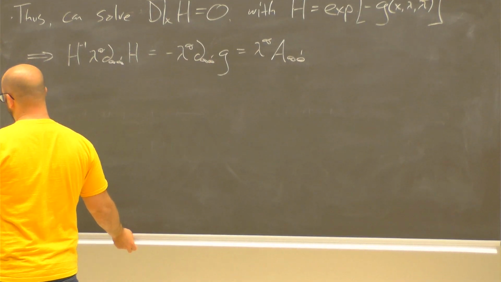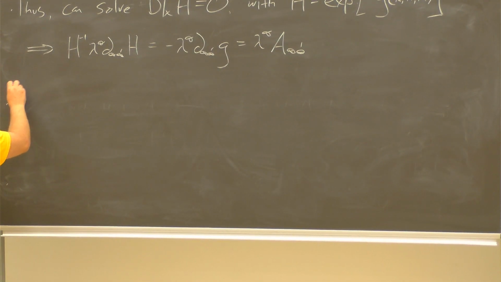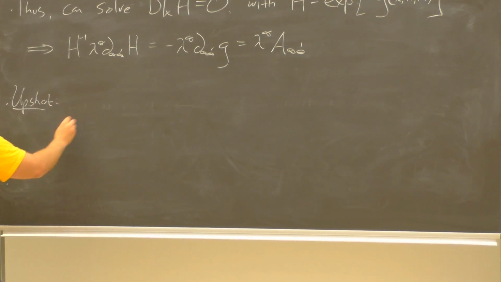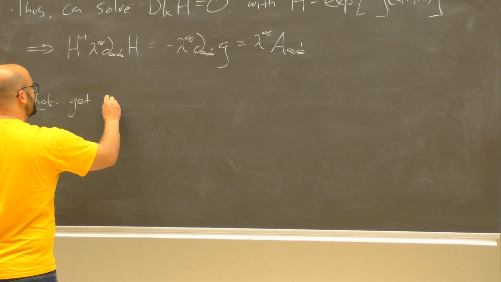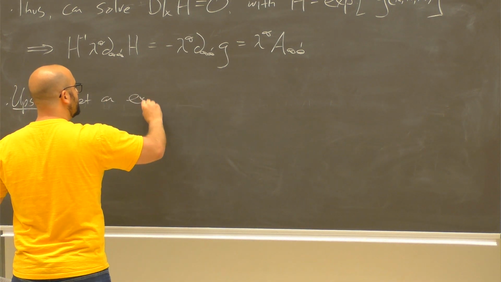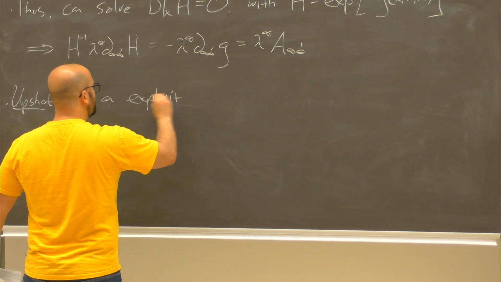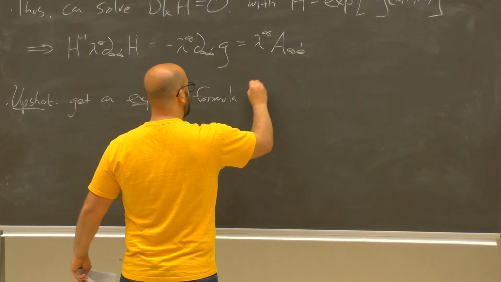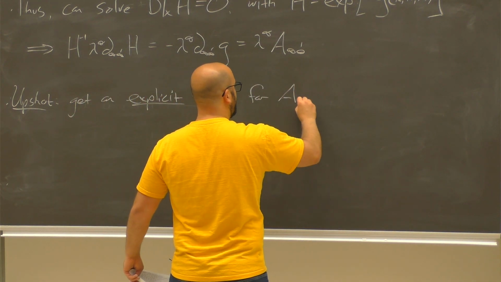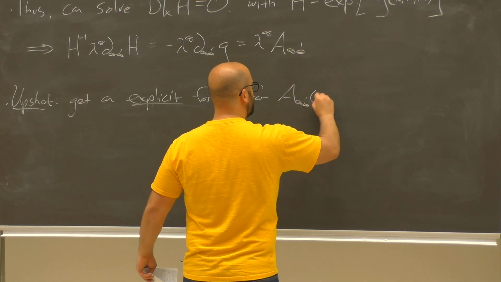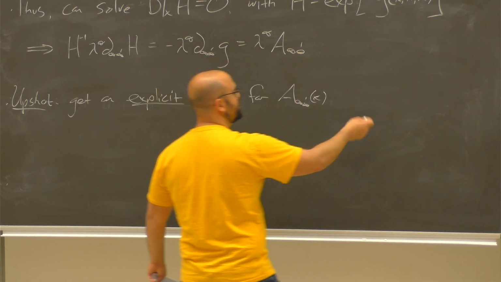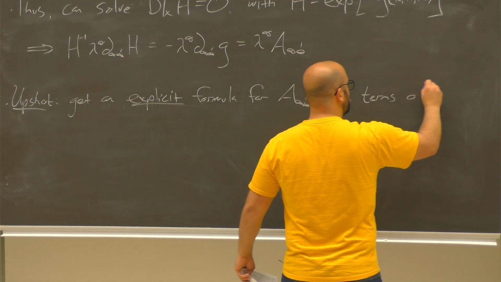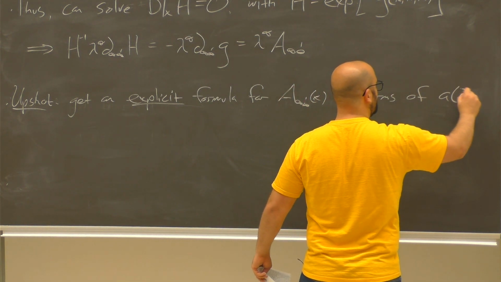So one upshot of this is that you now get an explicit formula for a alpha alpha dot of x, the space-time gauge potential, in terms of little a on Twistor space.